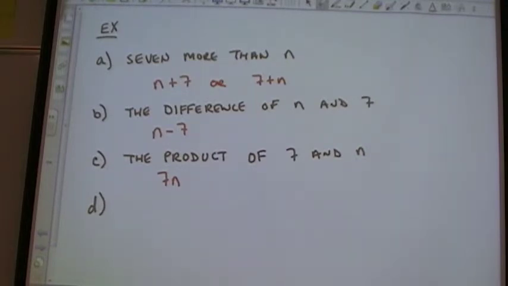The quotient, what does quotient mean? Division. Yes. The quotient of n and 7. What do you think that would be? We'd have the fraction, N over 7.